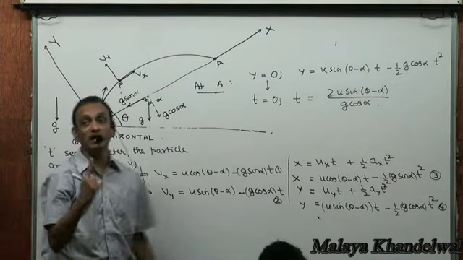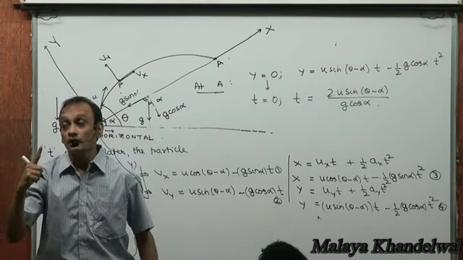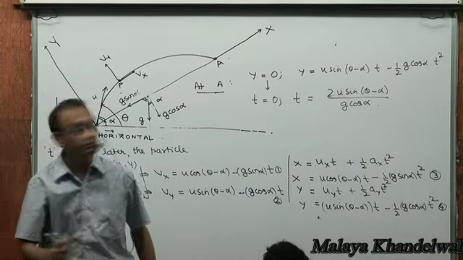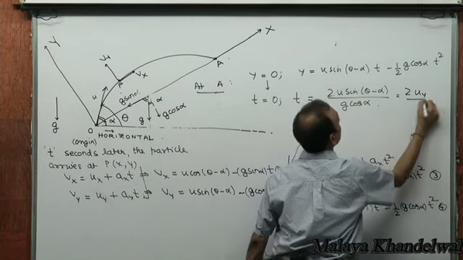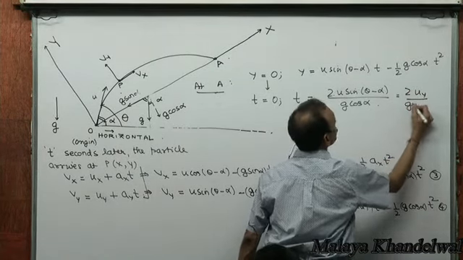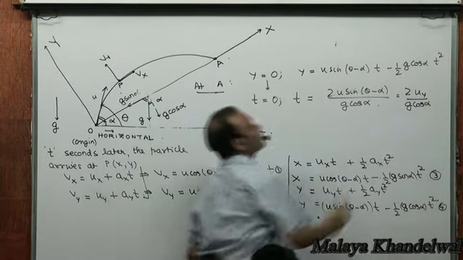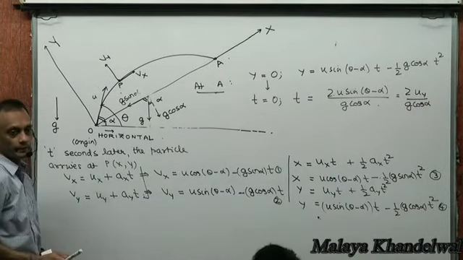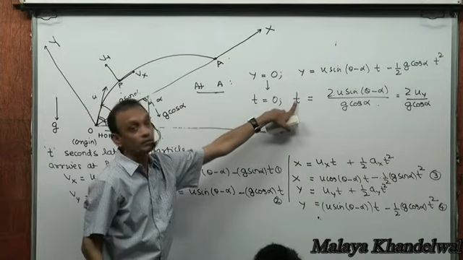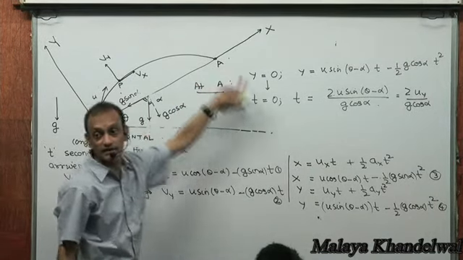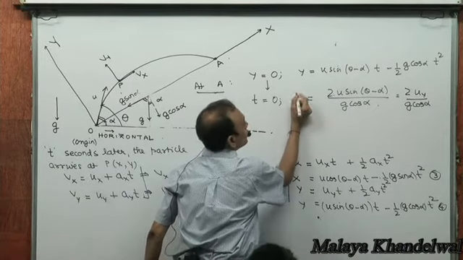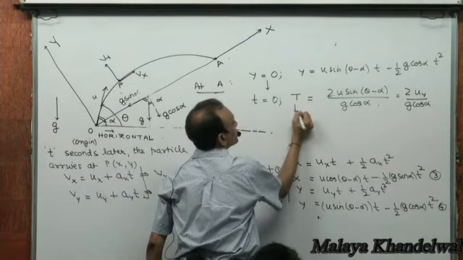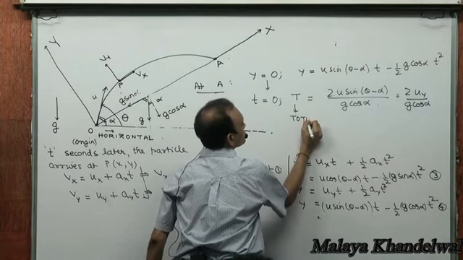It was the initial velocity in the y direction. So this is twice the initial velocity in the y direction divided by g cos alpha. This then must be the time taken to reach A, and this is called the total time of flight.